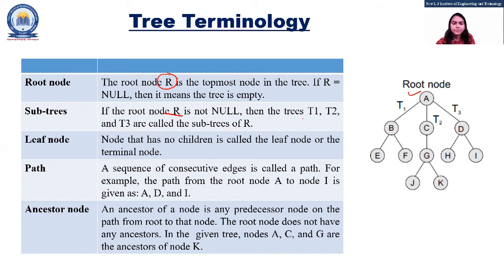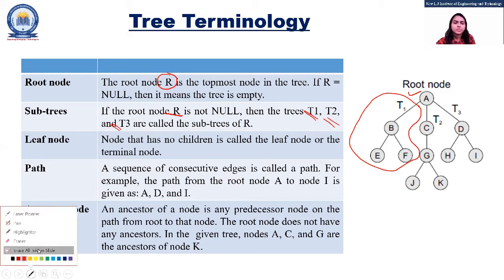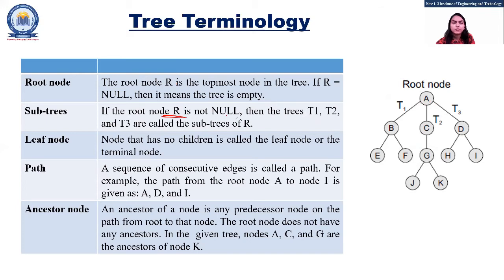In this case, T1, T2 and T3 are all subtrees of root R, right? One edge is going towards each of them. For that, we need the condition that R should not be equal to null. That means the tree should have a root node, and only then will it have further subtrees.